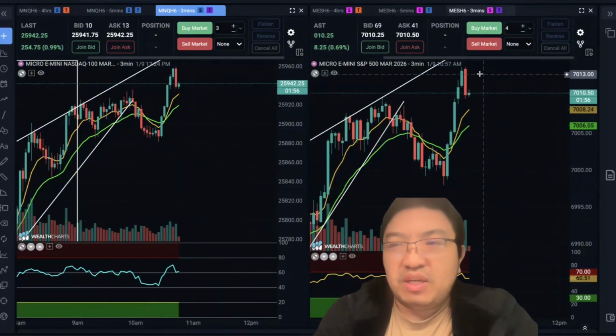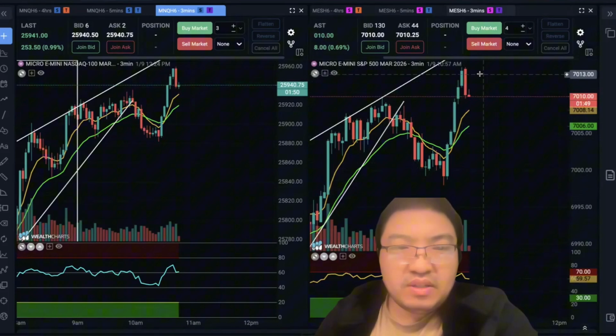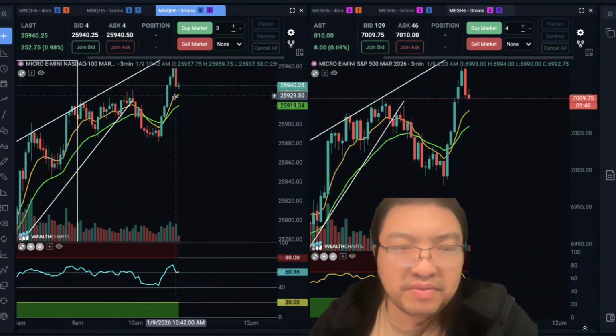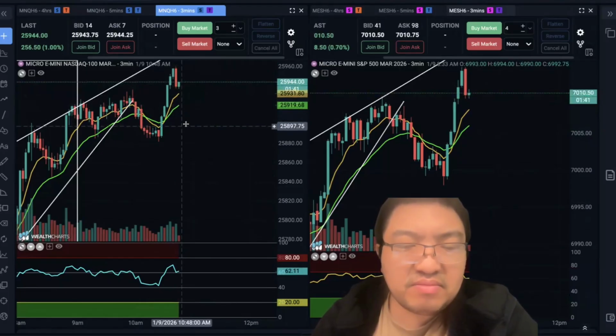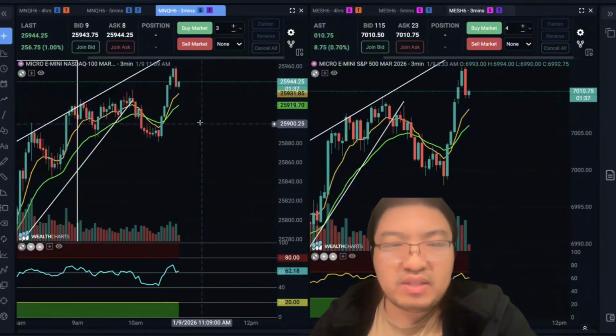Do not trade in the middle, because we have fair value gaps here, here, and here. So many places that they can retest.